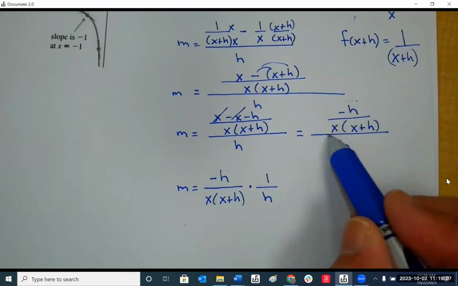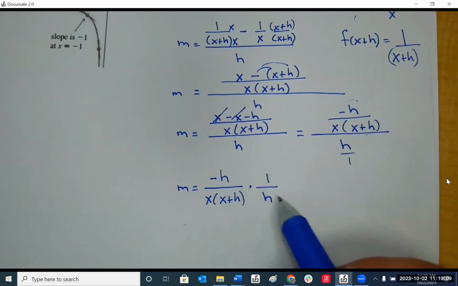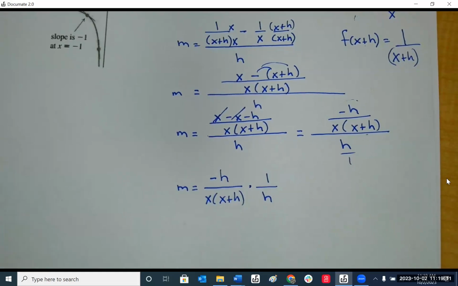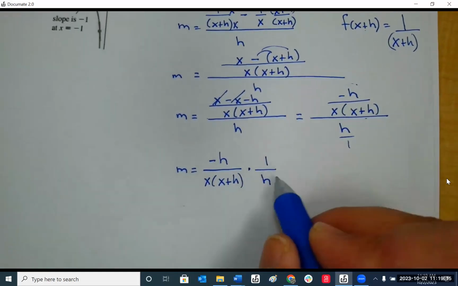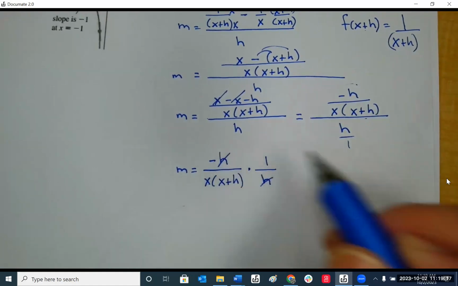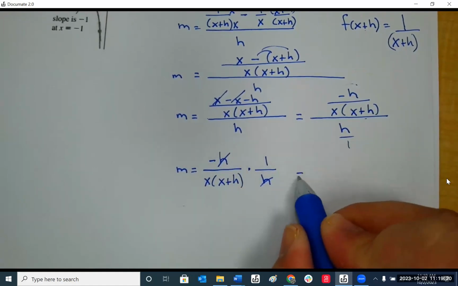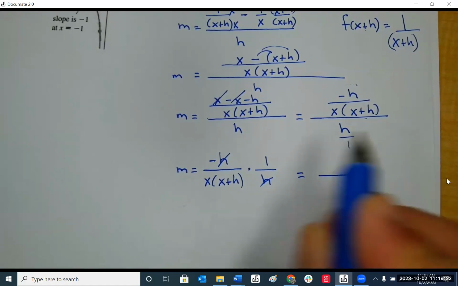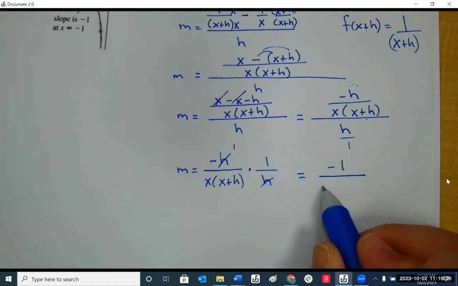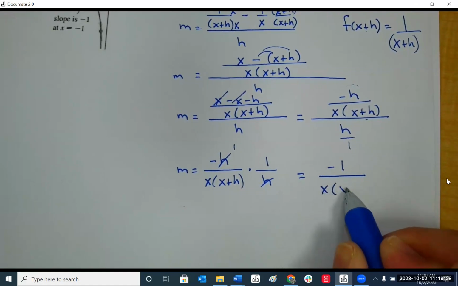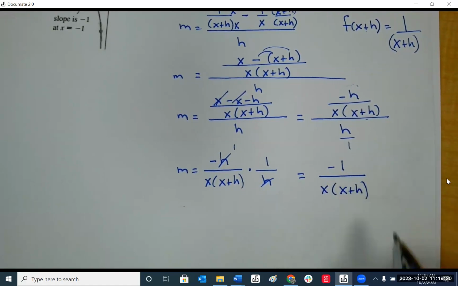Cancel anything on top and bottom that can cancel, the h's. So the only thing we have left on top is negative 1, and x times x plus h on the bottom.